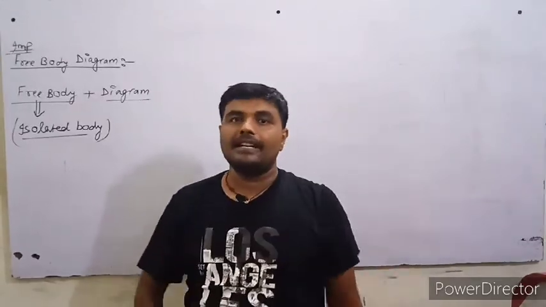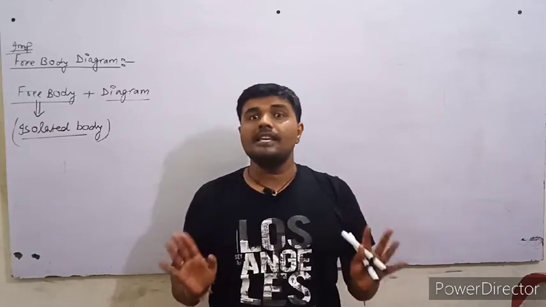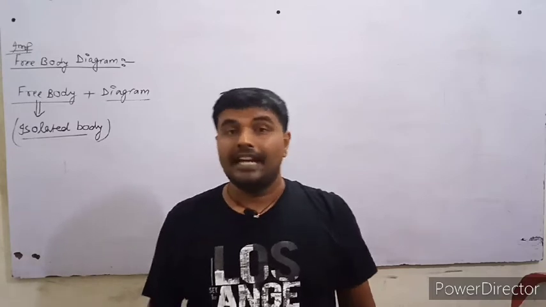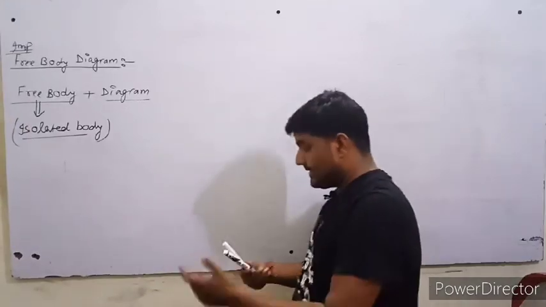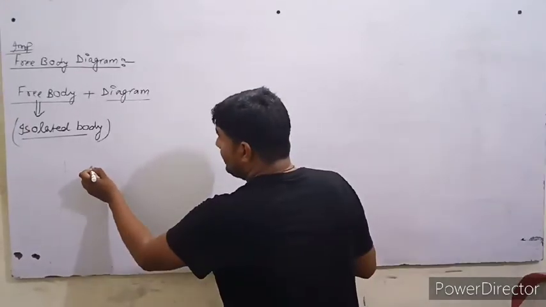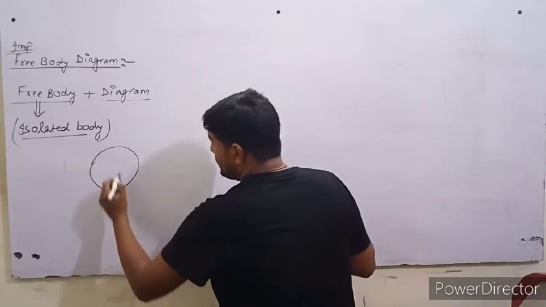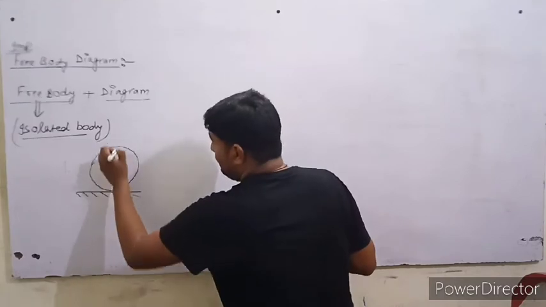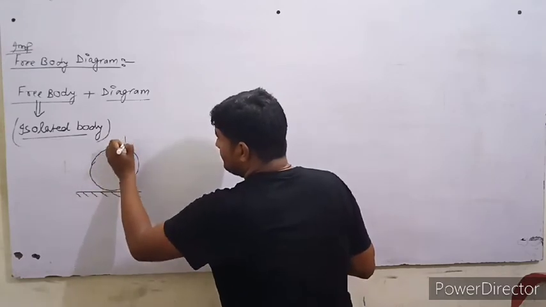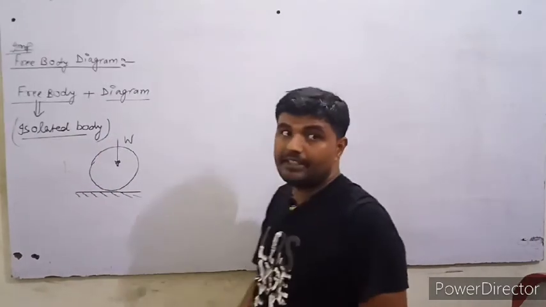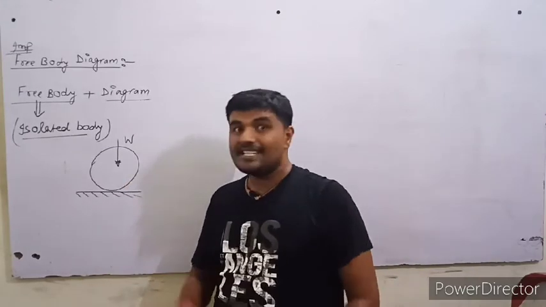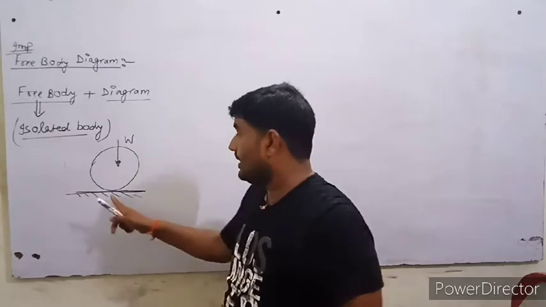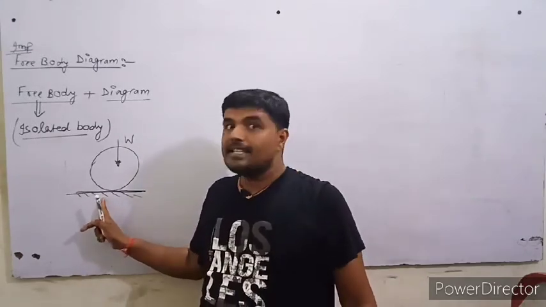Free body diagram represents all the active and reactive forces acting on a body. Active and reactive forces mean, suppose a ruler of weight W rests on a horizontal surface.